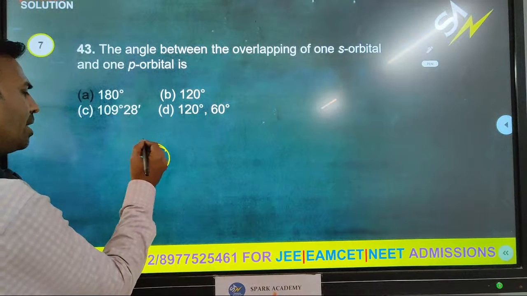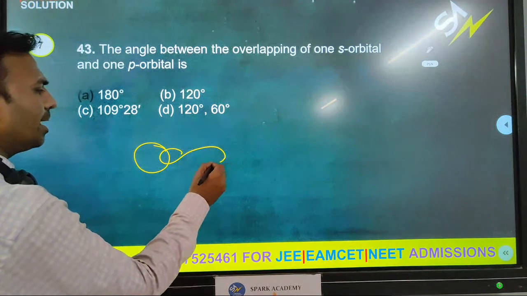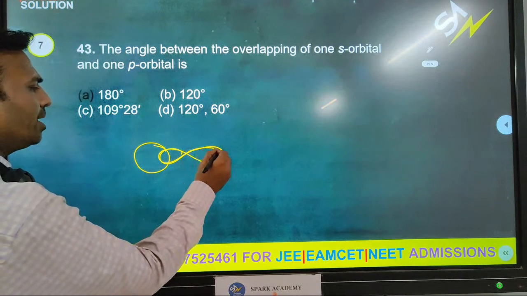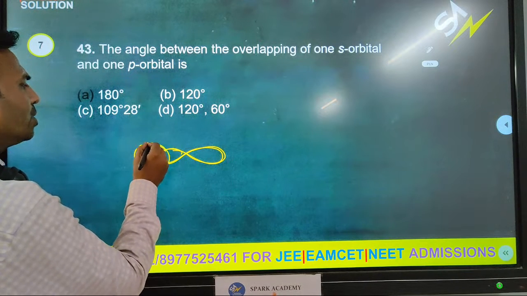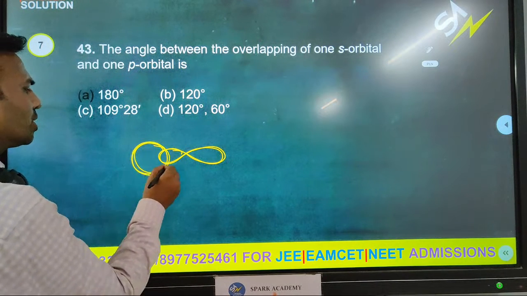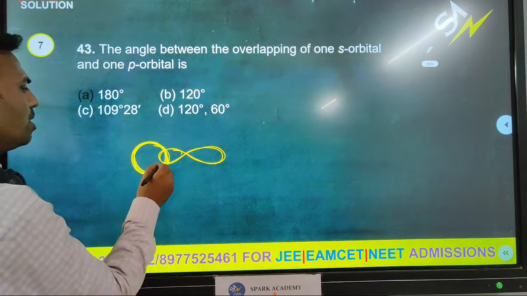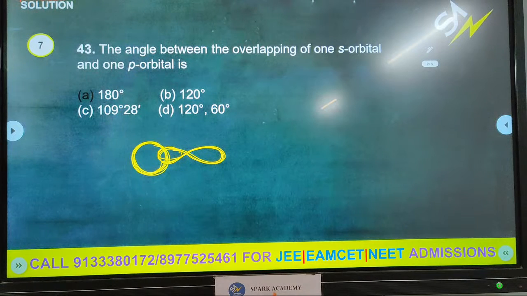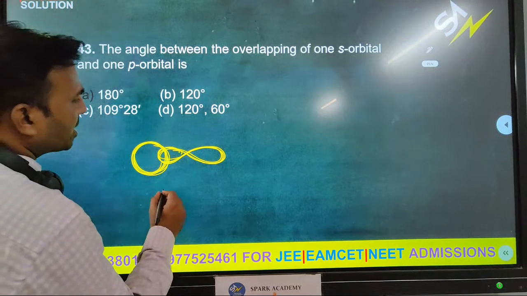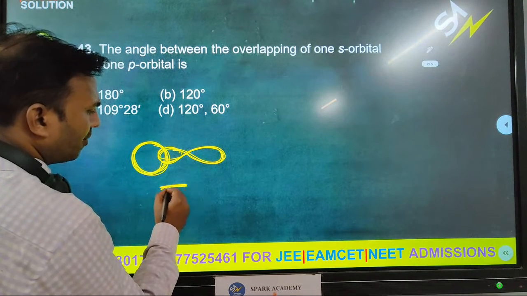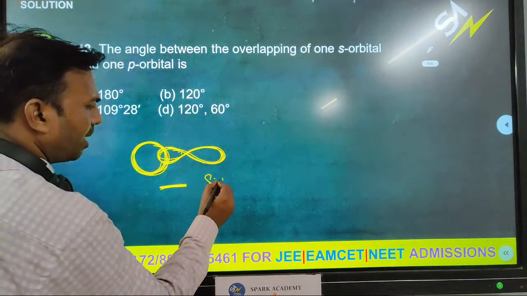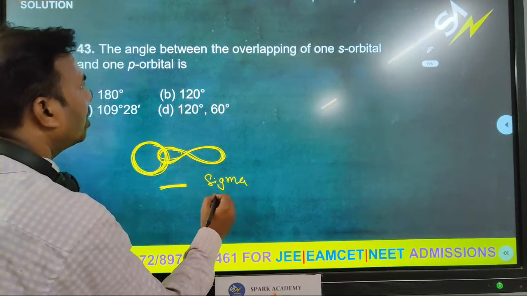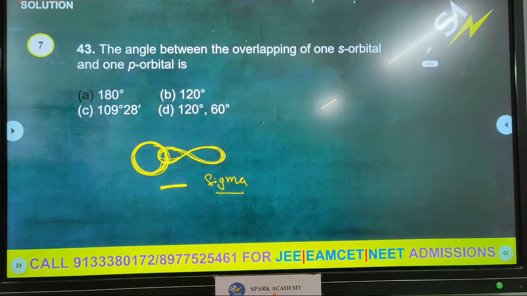What type of bonding is the question? Here overlap is there. What type of bond? This bond is the first bond, so it is a sigma bond. Next, what about one s orbital and one p orbital?